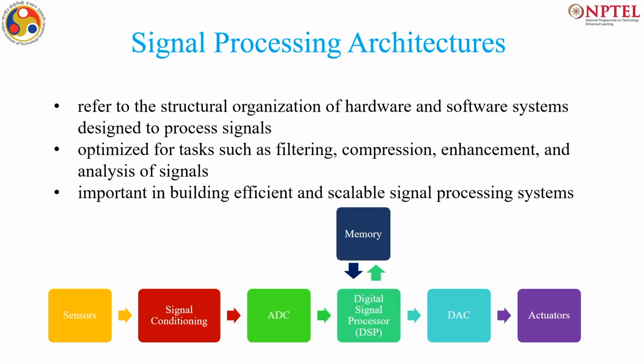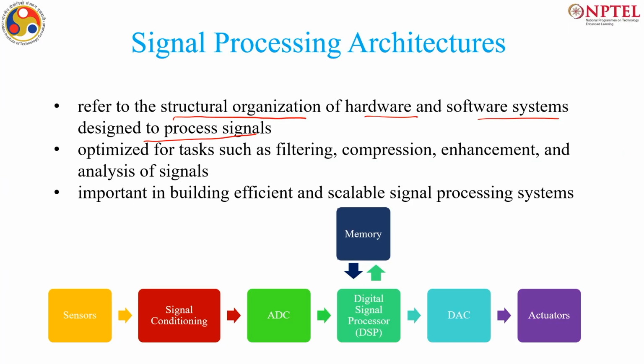Similarly, signal processing architecture typically refers to the structural organization of both the hardware and the software systems to process the signals. And why do you need an architecture? Can you not just plug in anything and will it not work? That might work, but like in a room, if you keep the bedroom of any size anywhere and the kitchen anywhere, that might work, but you should have a better design for optimal usage.